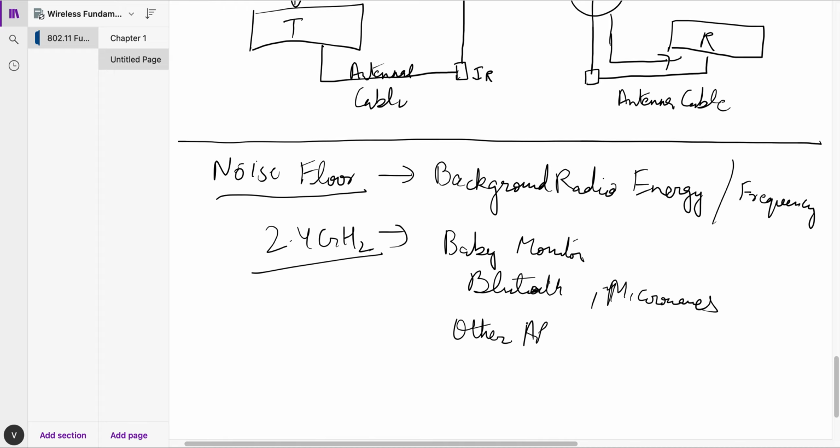So if I'm an AP transmitting on 2.4, my neighboring APs can also raise my noise floor. When they are transmitting their own signals on the same frequency, they can raise my noise floor also. Okay.